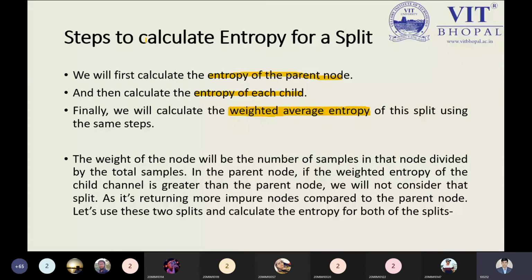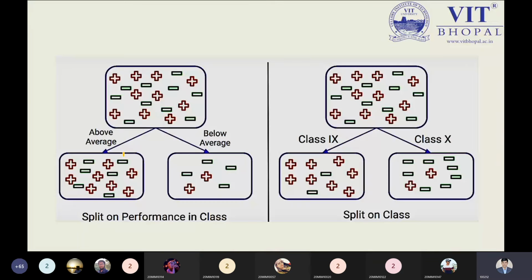Is it clear so far? Entropy means we are trying to find the impurity or uncertainty in our data. At every level, we first calculate the entropy, and at the last, we calculate the information gain. So before getting the information gain, let us determine the entropy. Is it clear now? Yes, sir. Okay.